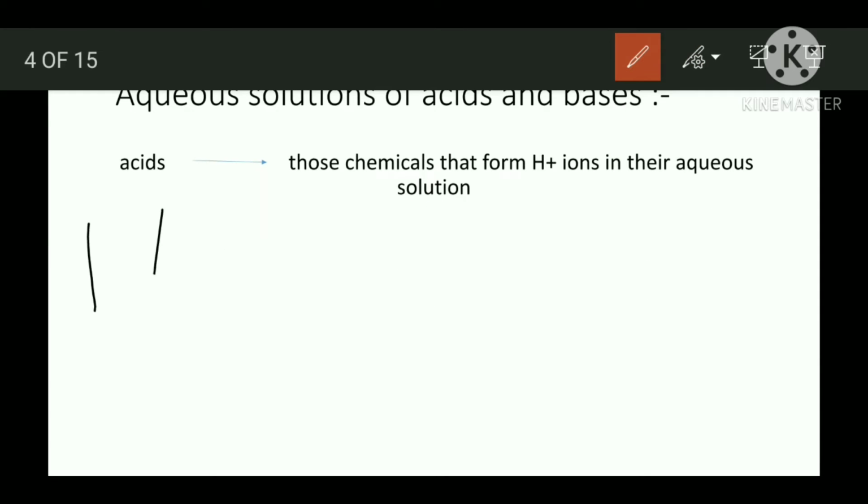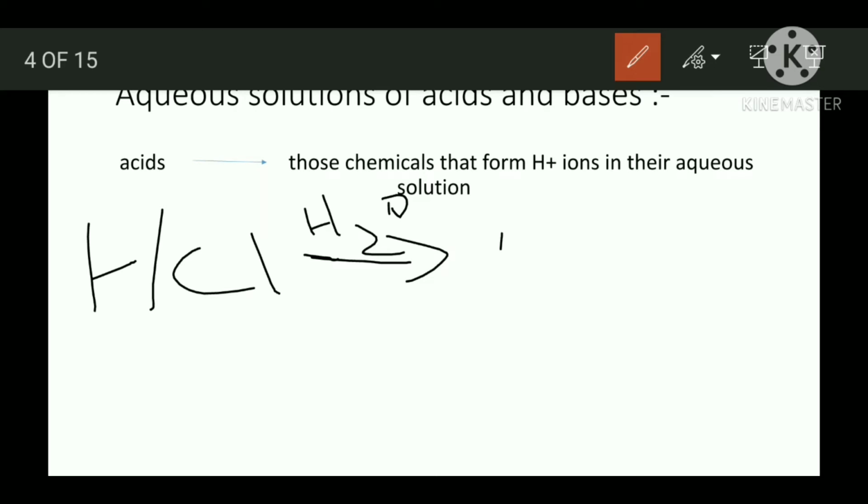And here, one thing. First, I gave you an example of HCl. When you dissolve it in water, you will get H plus and Cl minus.